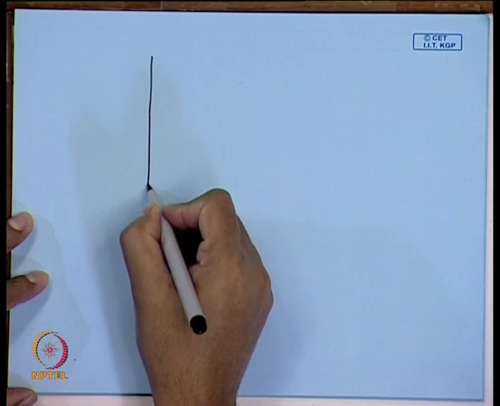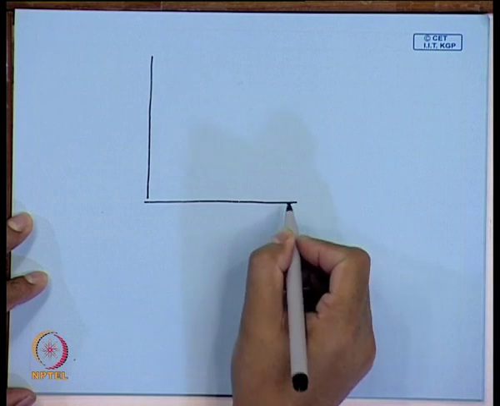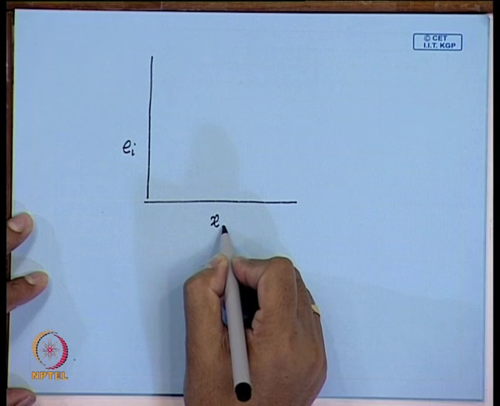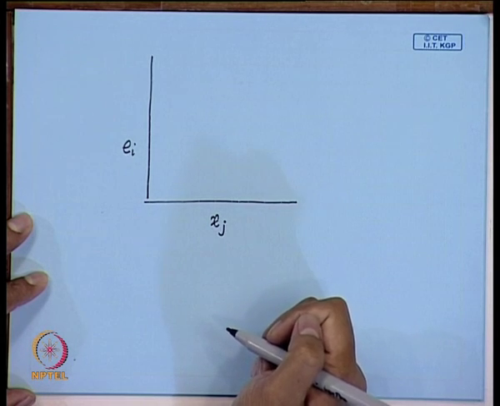The limitation of this plot is that it may not show the marginal effect of a particular regressor xj on the response variable, because what we are doing is plotting the residual ei against a particular regressor xj.